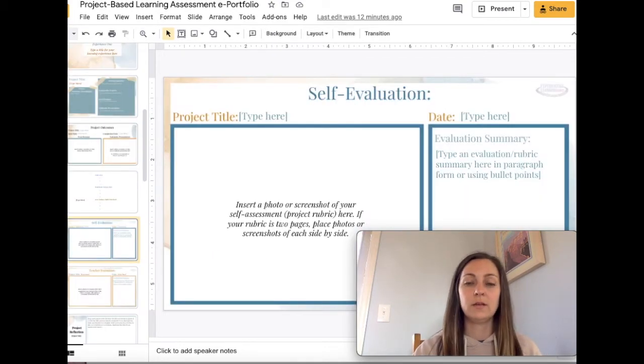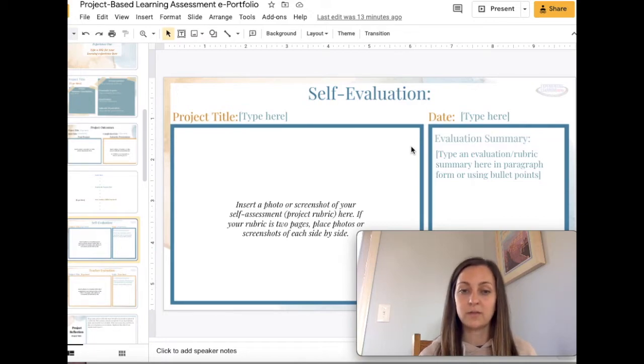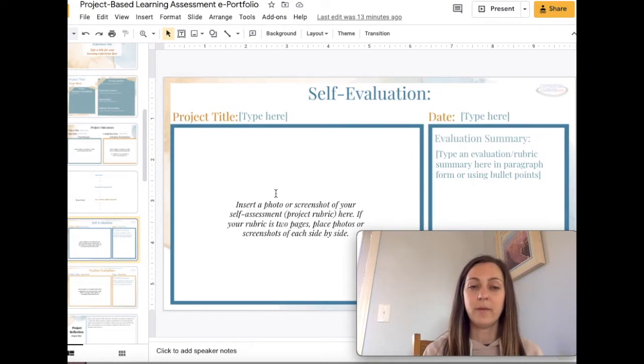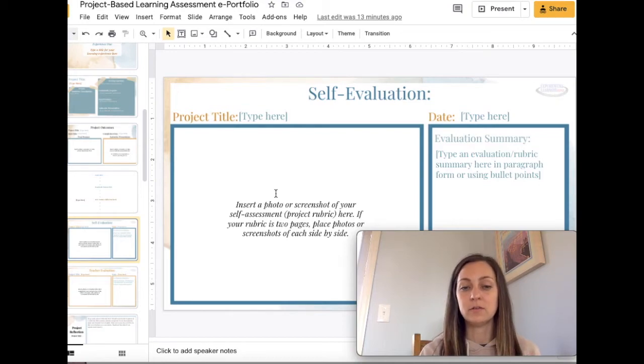Change it. Next is a self-evaluation. My students self-evaluate during their project-based learning experiences and again at the end. The reason I have them do it in the middle is so that they can go back and improve and make edits and modifications to their experiences. So that at the end, when they do their final self-evaluation, they'll have something to put in here, their rubric, that they're really proud of.